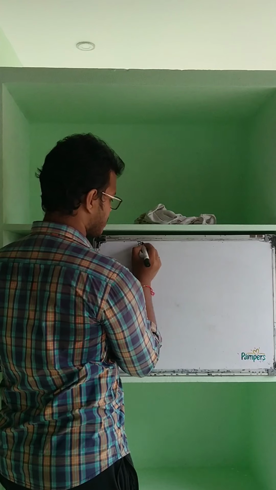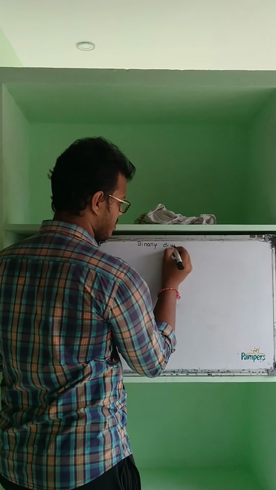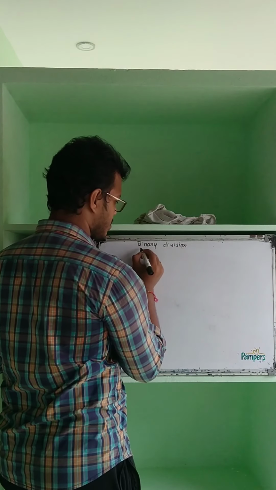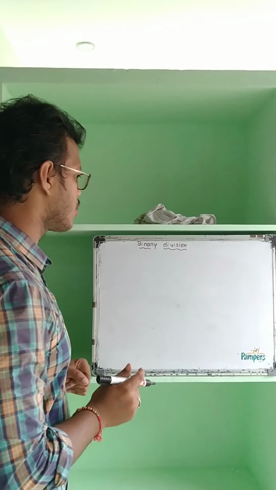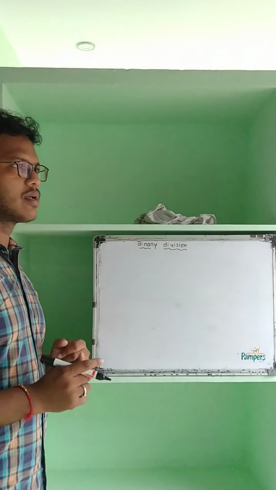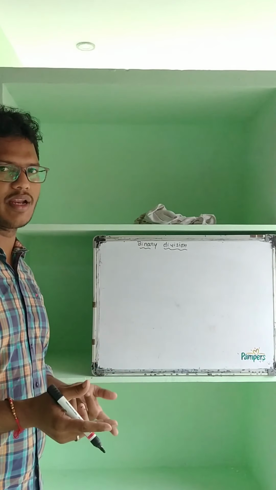So, binary division. How do we divide one binary number by another binary number?